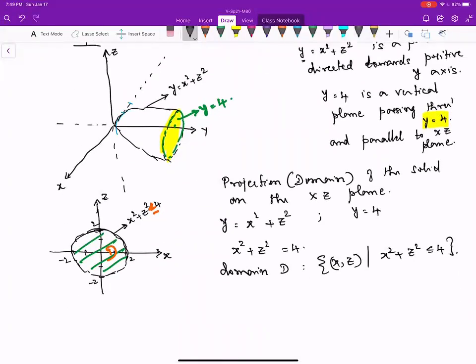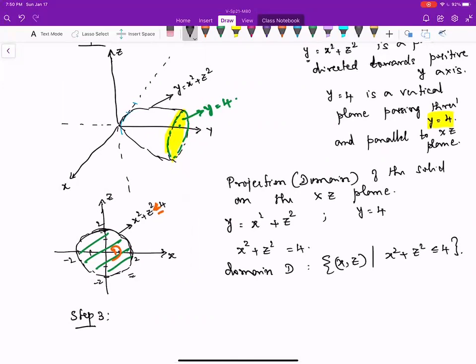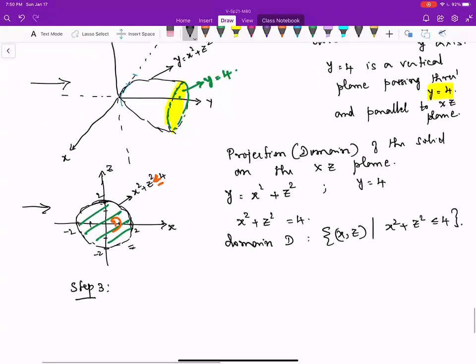Then y runs from x squared plus z squared to y equals 4. Keep in mind that the domain we see in this picture is actually on the xz plane. Imagine the disk, which is the projection of this yellow part onto the xz plane, so it will look like this.